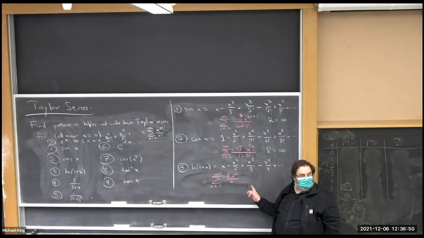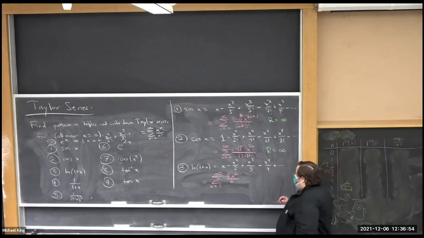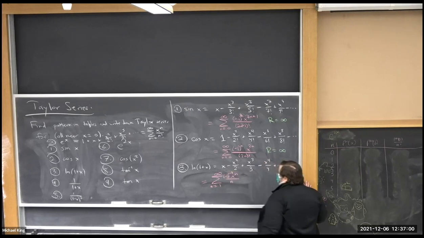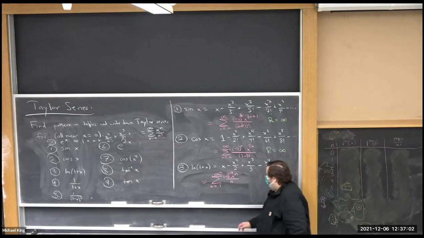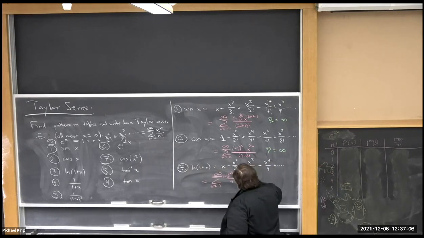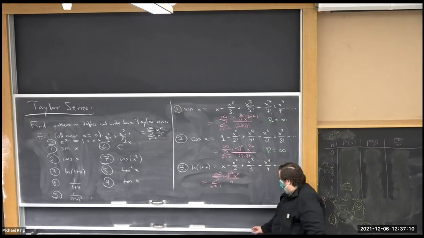It would start out -x if you plug in n equals 1. So in fact, this should be -1 or +1, I can't remember what the convention is. I'll just say -1. So it's -1 to the n minus 1 times x to the n over n.